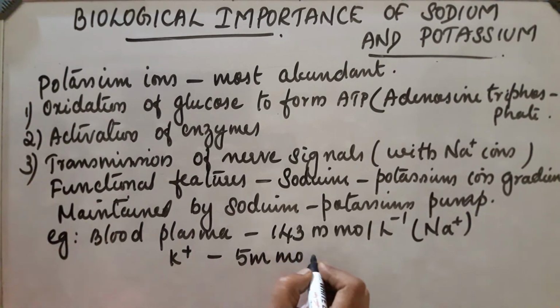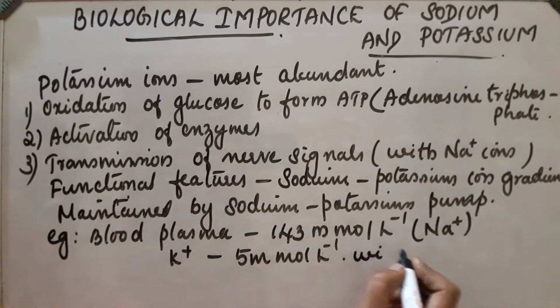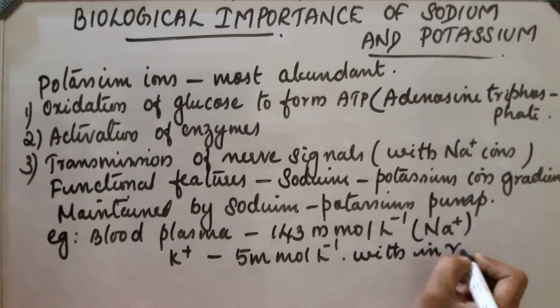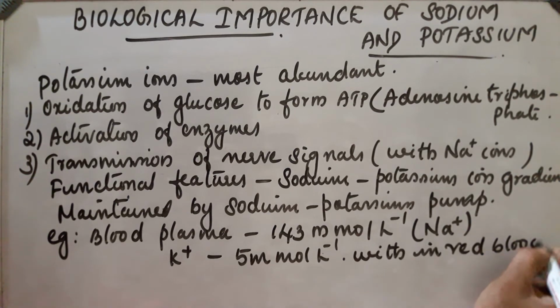So there is a large difference. Within red blood cells, the concentration changes to 10 mol per liter for Na+ and 105 mol per liter for K+.